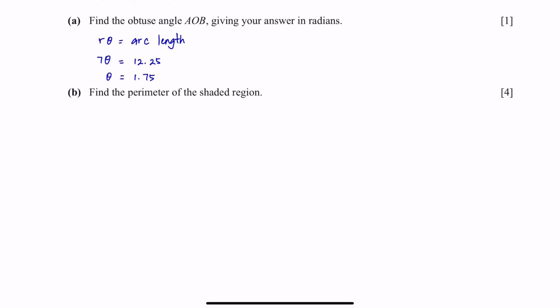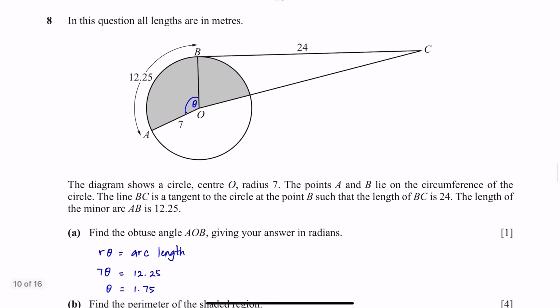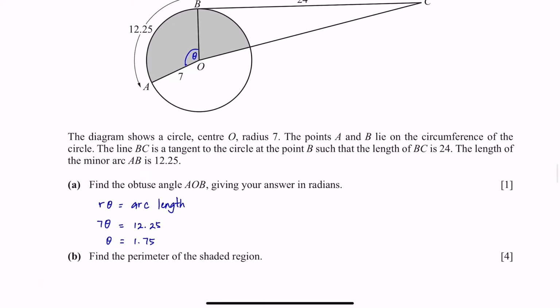For part B, we need to find the perimeter of the shaded region. So I'll first outline the shape. So we have the arc AB plus this arc plus 7 plus this radius over here.